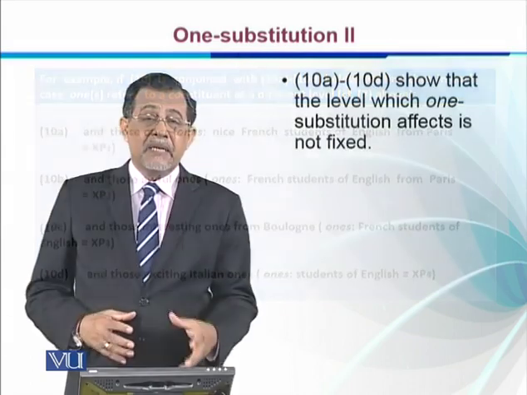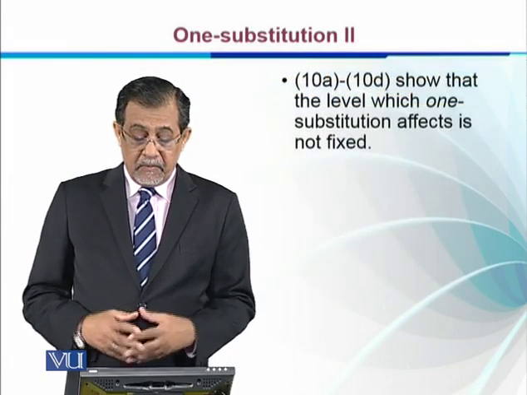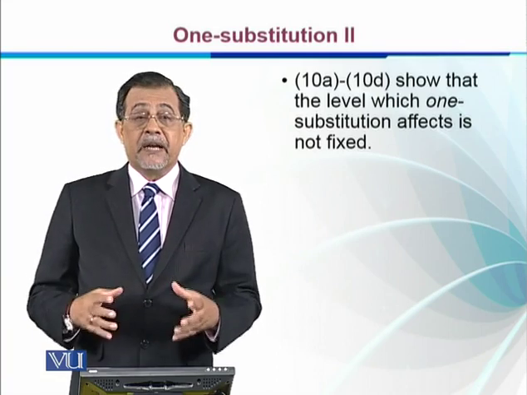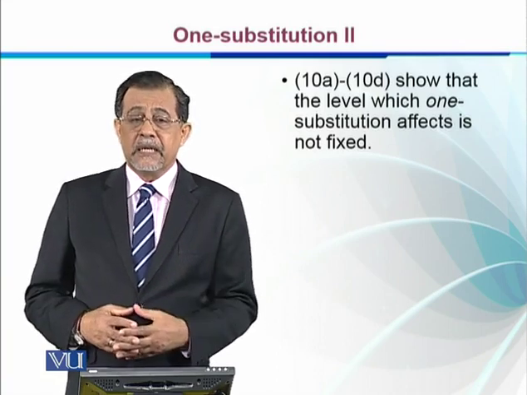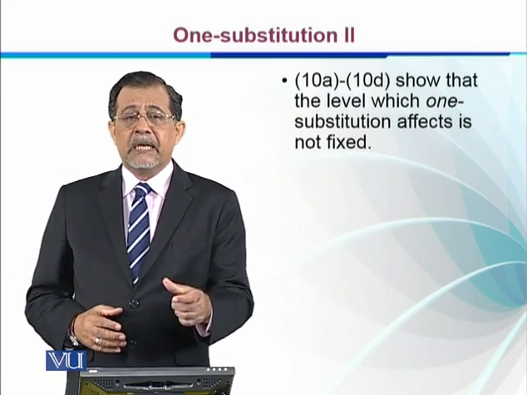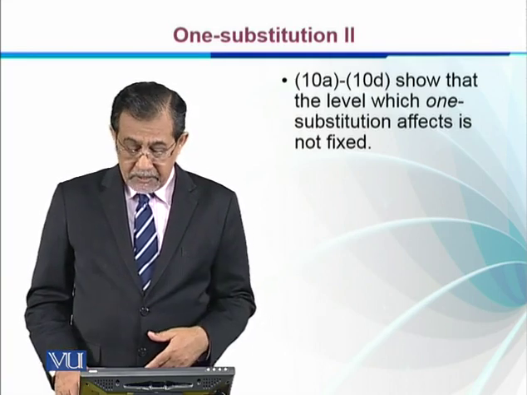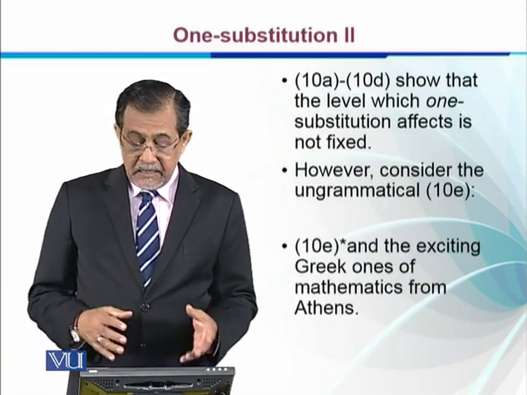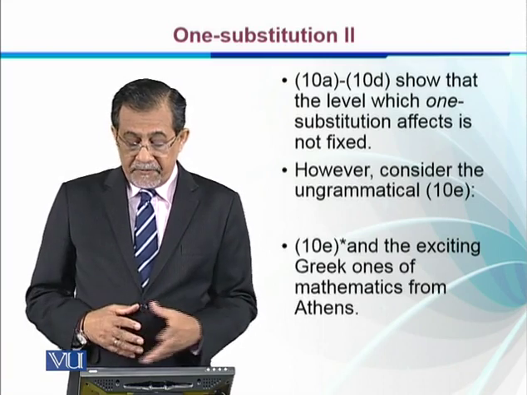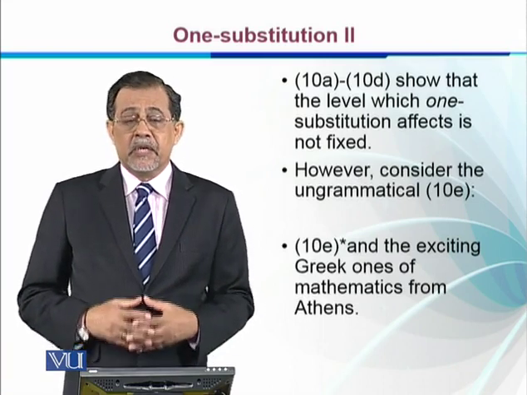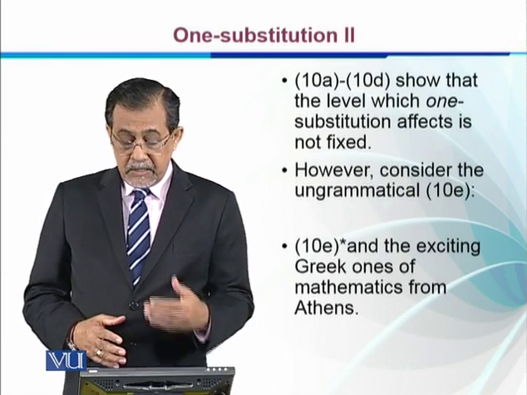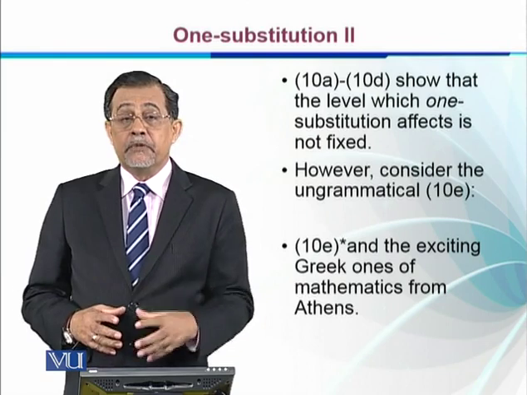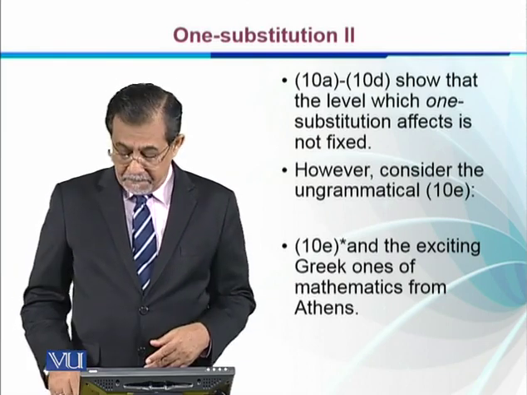So from 10a to 10d, it is shown that the level which one substitutes is not fixed. It can affect sometimes a part of the phrase and sometimes the whole phrase. However, consider the ungrammatical 10e, "the exciting Greek ones of mathematics from Athens". Here we cannot say this, because it does not substitute the whole phrase.